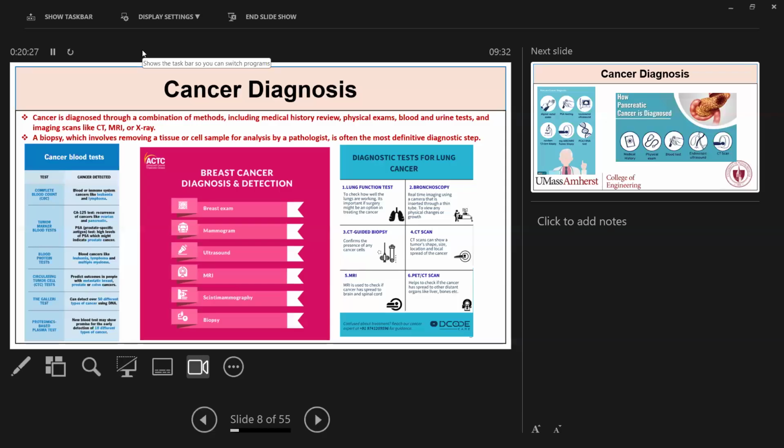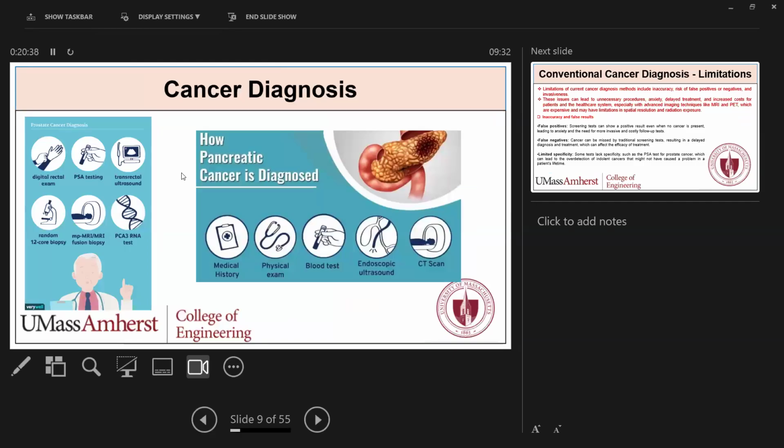Biopsy, interobserver variability, yes. False positive results, false negative results, excellent. What else? Don't you think less accuracy? Yes, good. Don't you think all these diagnostic methods are too pricey?